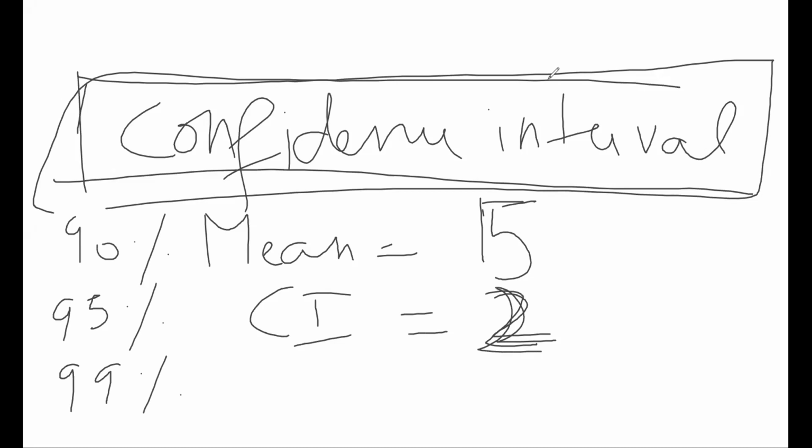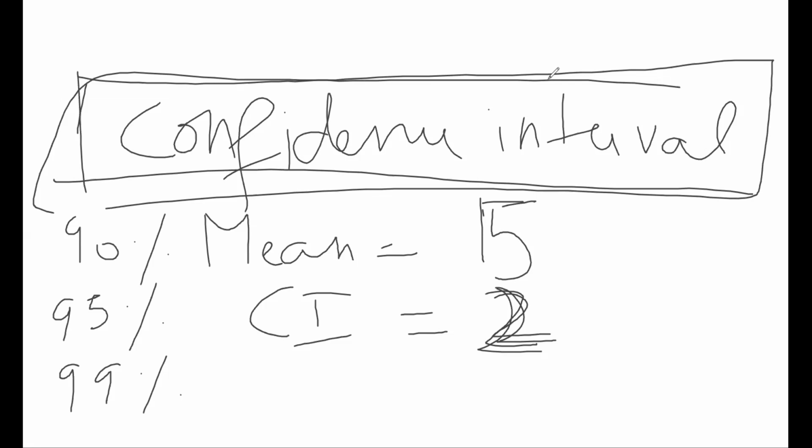What is the difference between these three? 90% confidence interval means that we are 90% sure that our population mean would lie in the range which we are stating. So 95% confidence interval means that we are 95% sure that our result is falling in this range only. There are only 5% chances that there would be any outlier.